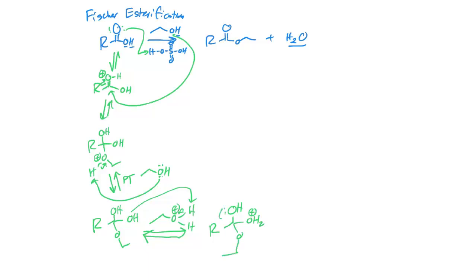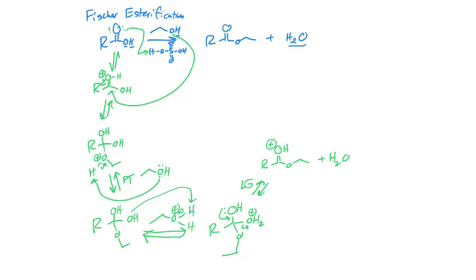I can reform the carbonyl now, losing a new leaving group. This is a loss of leaving group. This is one of the few non-proton transfer steps. You can see that we've gotten very close to our expected product.